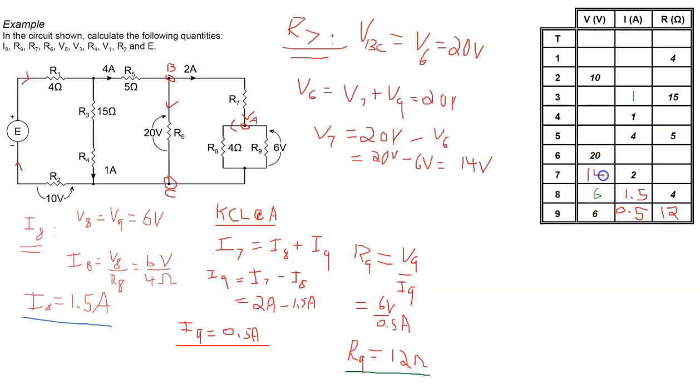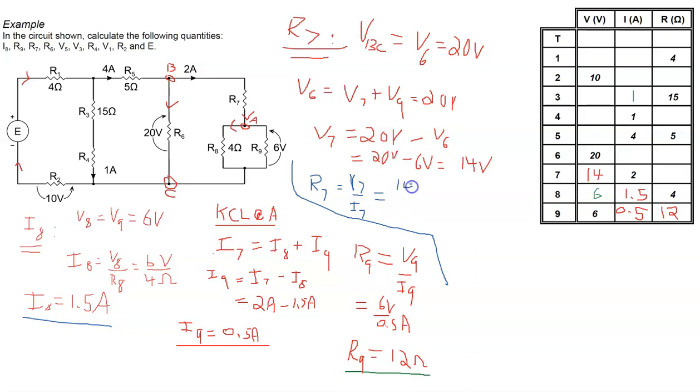Now, every time I have two pieces of information about any one resistor in particular, I can apply Ohm's law and find the resistor value. So if I do that, I can say now that R7 is equal to V7 divided by I7. And I7 is given on the diagram as 2 amps.